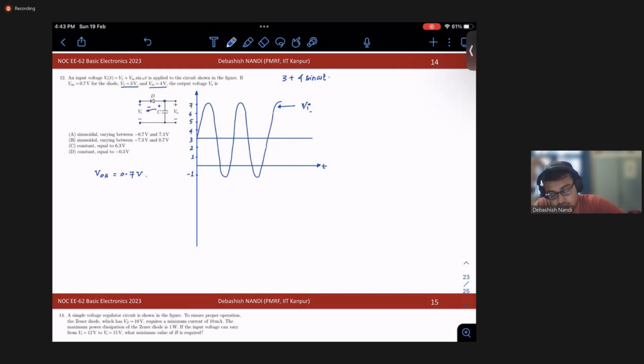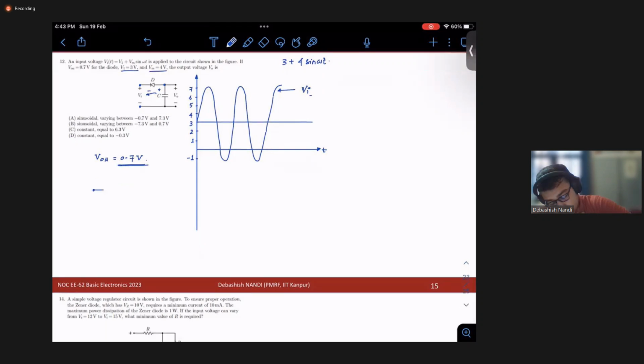For my capacitor to charge, the diode should be on. Let me just draw the circuit. This should be your V naught, this should be your C, and this is your 0.7 volt.